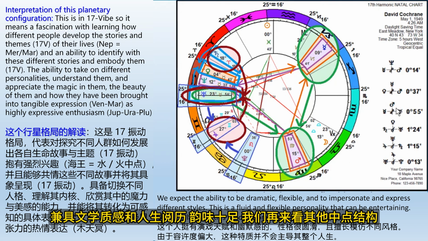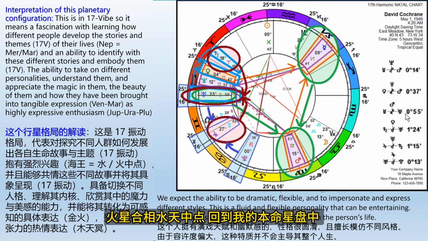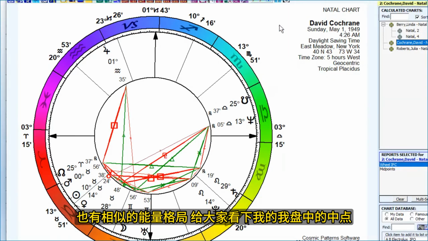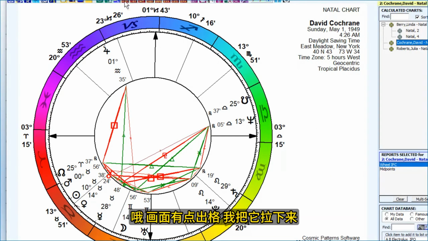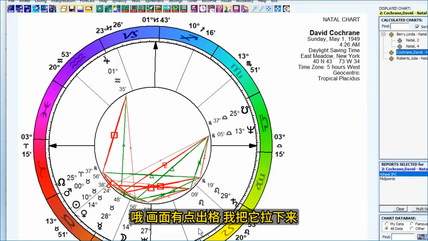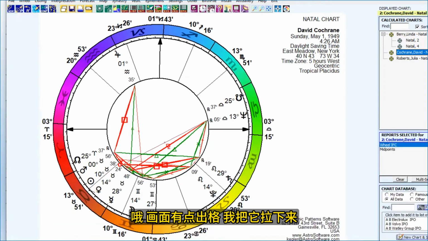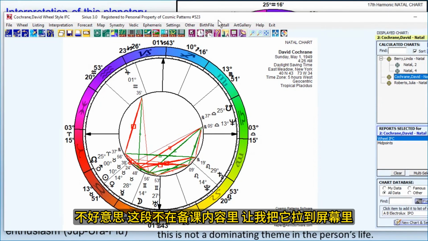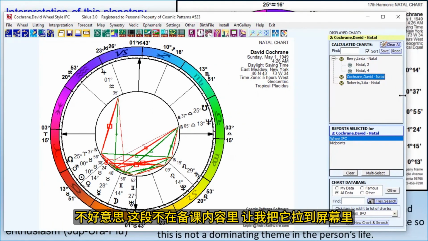Then you can look at the other midpoint structures and say Mars at Mercury, Uranus. In my birth chart, I have a similar configuration. I'll show you in my midpoints. Sorry, I didn't prepare this as part of the lecture, but we just pull this in here.